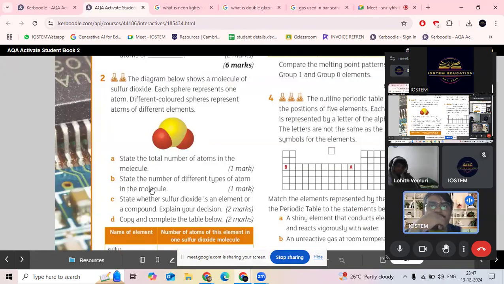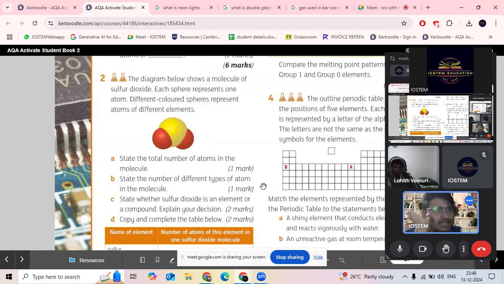Anyway, we don't have to write these things. It's okay. And state whether sulfur dioxide is an element or a compound. Compound. Why? Because sulfur dioxide is made up of two elements chemically joined together.